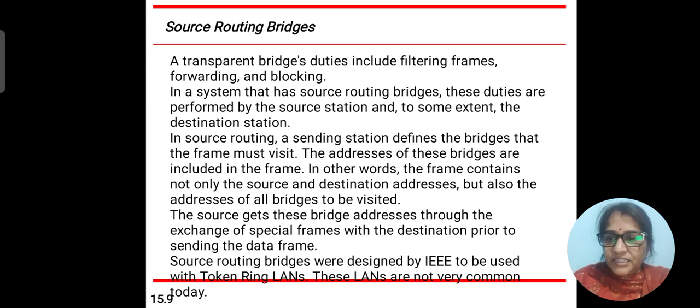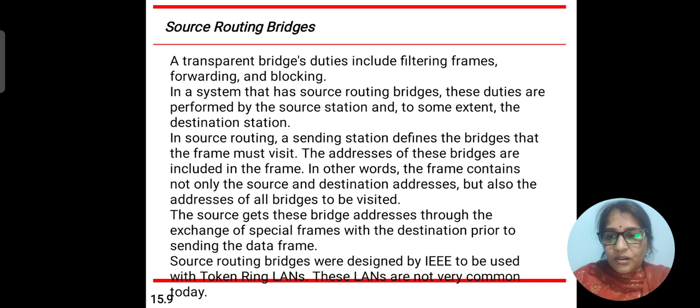In other words, the frame contains not only the source and destination addresses but also the addresses of all bridges to be visited. The source gets these bridge addresses through the exchange of special frames with the destination prior to sending the data frame.